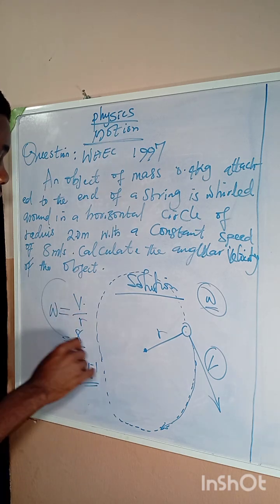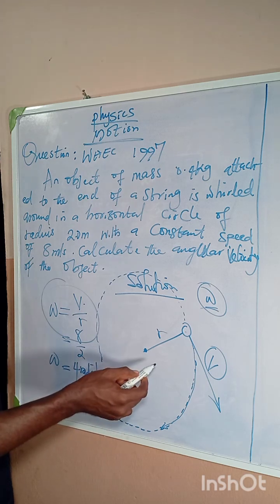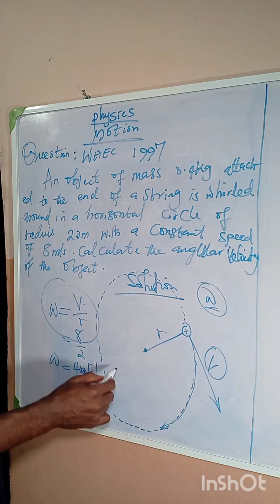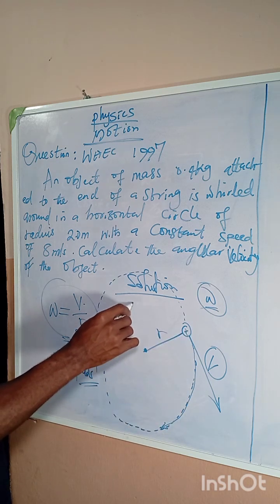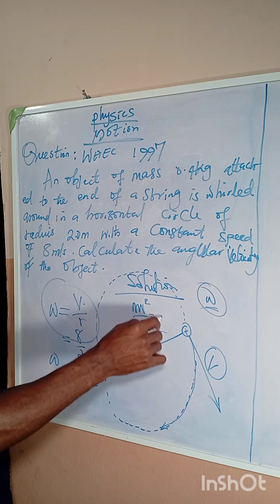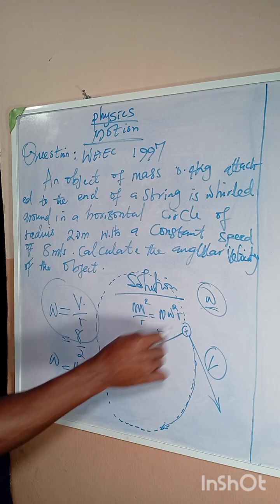There's an explanation for this in different ways, where we have a centripetal force. The force responsible for this particle traveling in a circular path is given by mv squared over r, and also can be represented as m omega squared r.